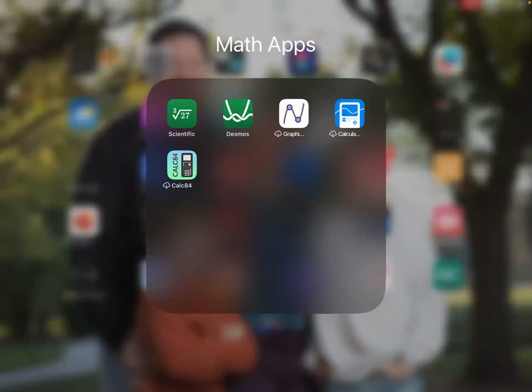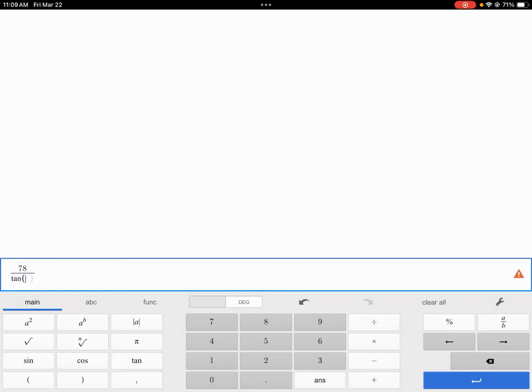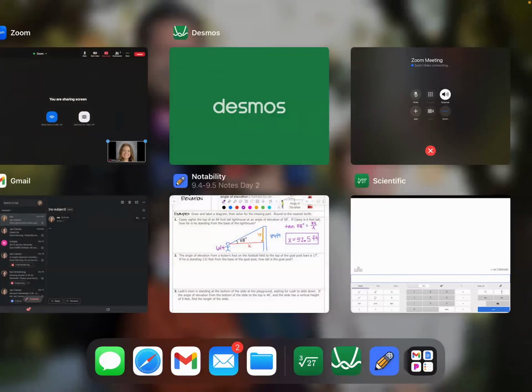Did you type in 84? Not 84. It was 78 divided by the tangent of 58. So it's 48.7? Okay.